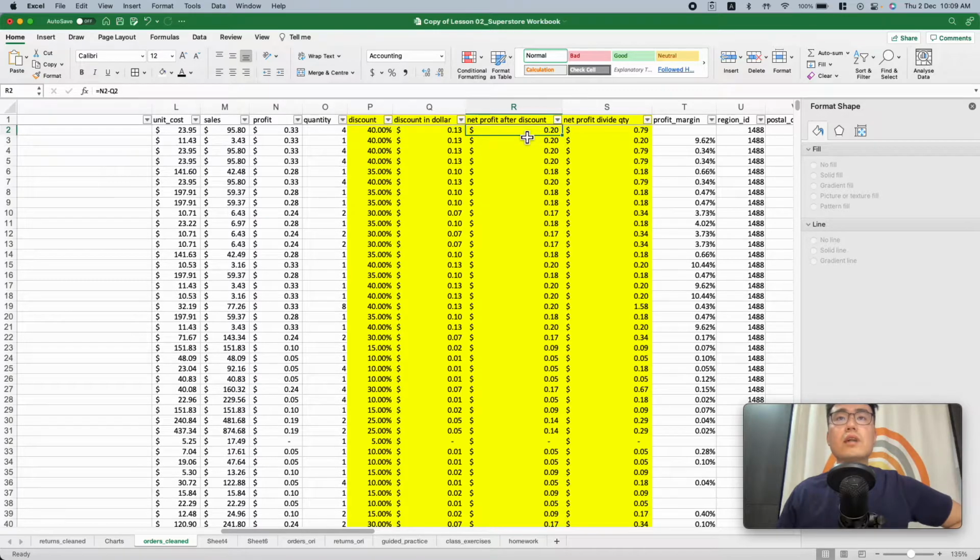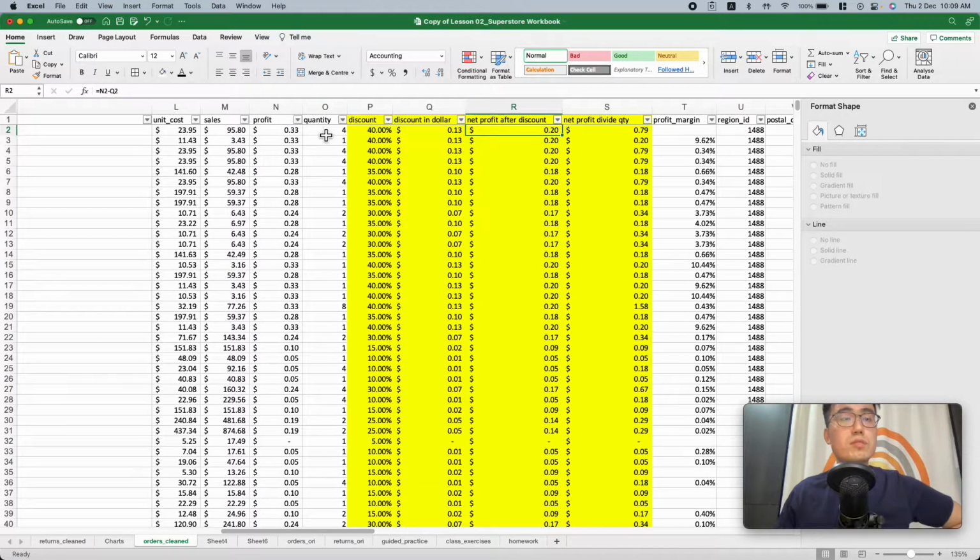According to the guidelines or the guidebook or the abbreviation list, sales is for the whole order and quantity is for the whole order as well, which means the profit is for the whole order, which means it doesn't matter if it's 4 or 1.